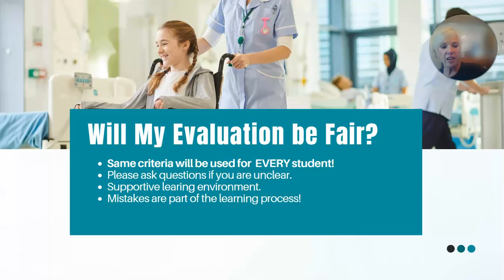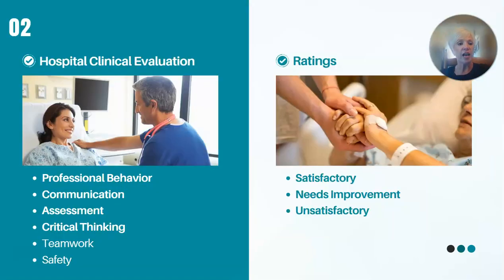Now let's break it down into two areas, the hospital clinical and the simulation lab, because each has its own tools and expectations. In the hospital setting, we'll be using the Level 1 clinical evaluation tool. You received a copy of this in class, and it's also available online in Module 1 of this course. The checklist helps us keep track of how you're doing in areas like professional behavior.